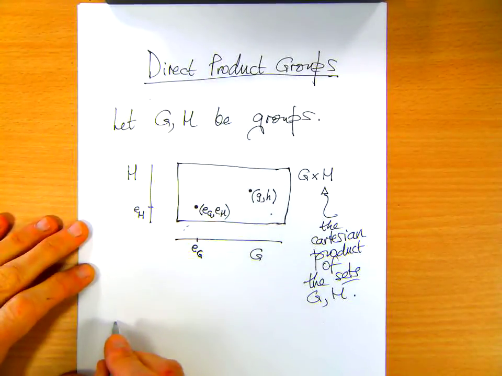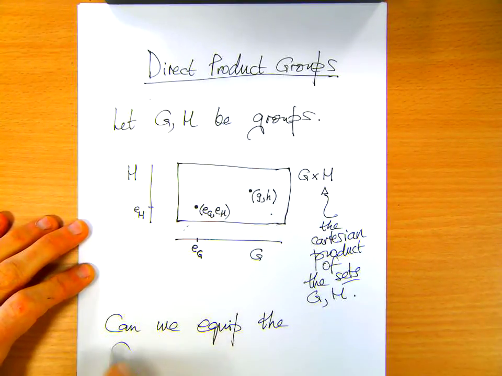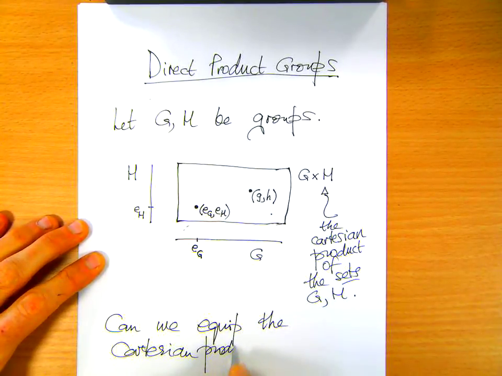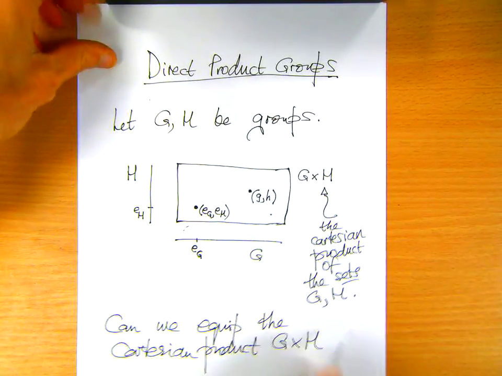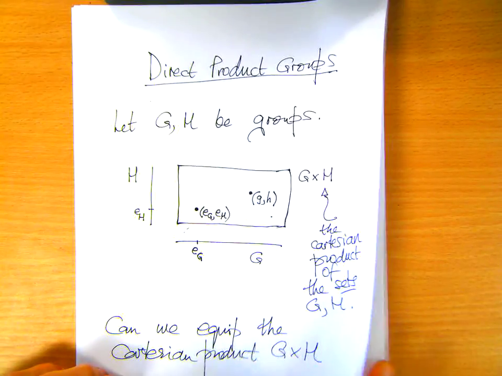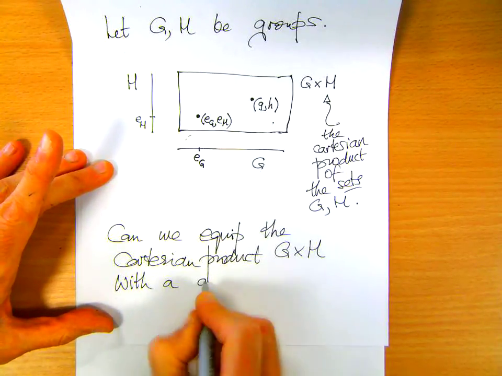So, can we equip the Cartesian product G cross H with a group structure?